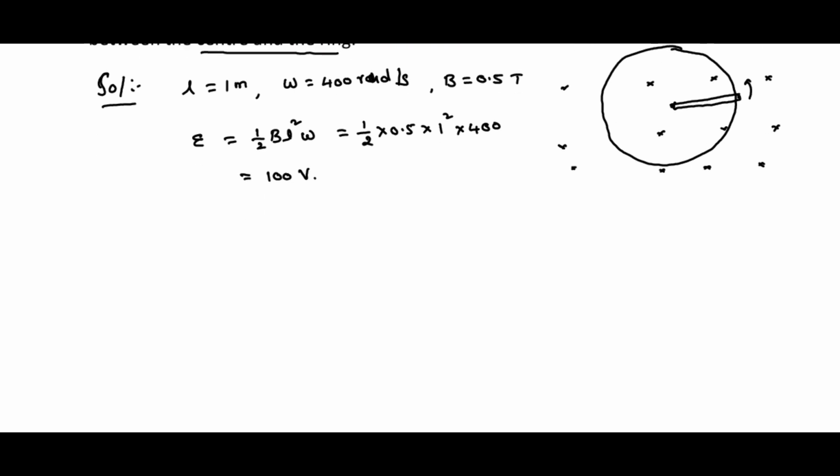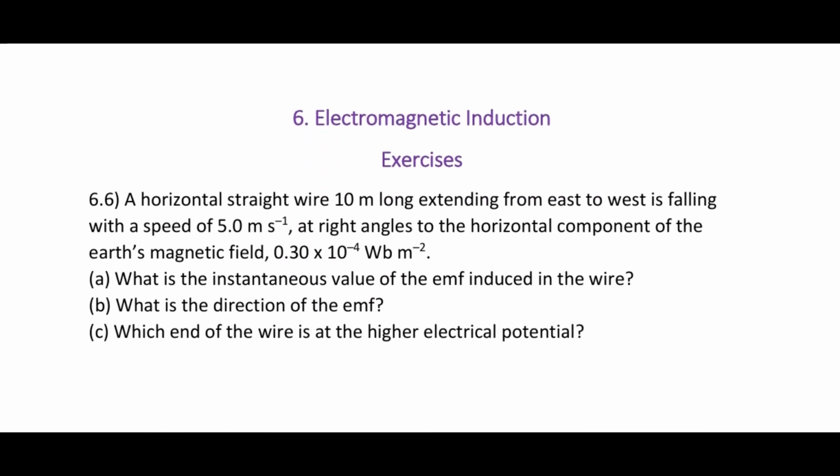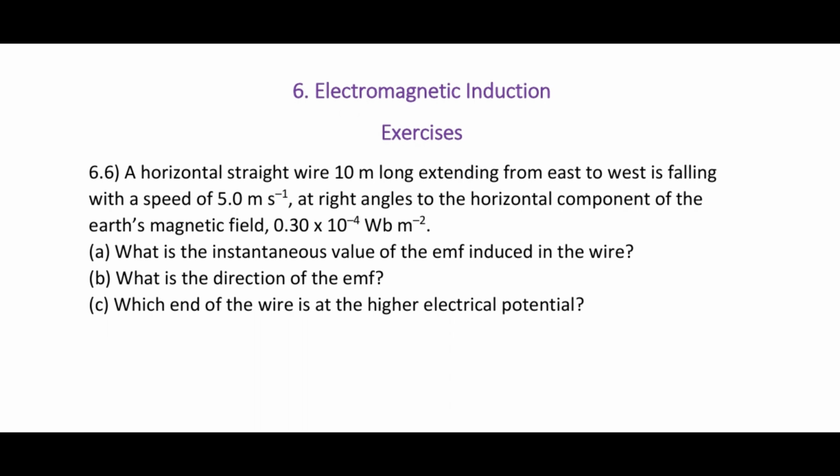Coming to 6.6. A horizontal straight wire 10 meters long extended from east to west is falling with a speed of 5 meters per second at right angles to the horizontal component of Earth's magnetic field, 0.3 into 10 power minus 4 Weber per meter square.